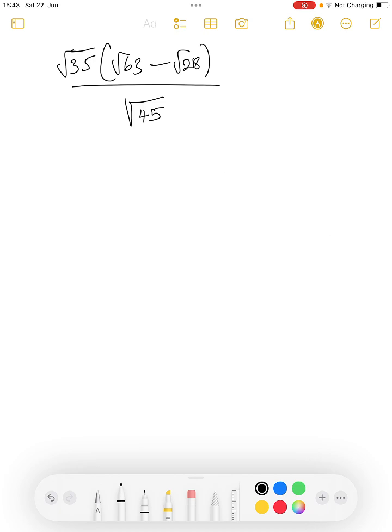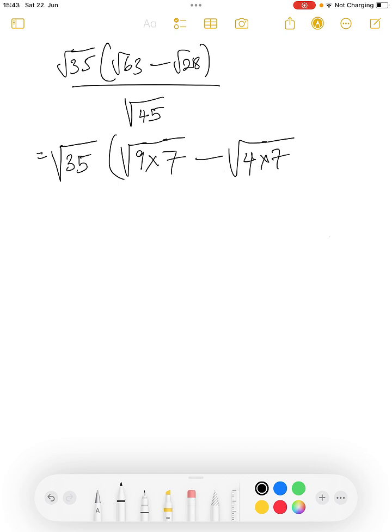So when you have this problem, you have root 35 multiplied by root 63, and root 63 is 9 times 7. So you have minus root 28, which is the same thing as 4 times 7, all over 9 times 5, which is 45.